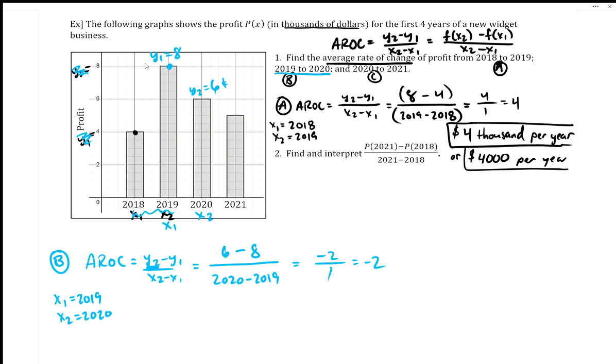It simplifies. And then our last part to this is to state, so what's the average rate of change in profit? Negative $2,000 per year. They might say that differently. Negative with money in our language would be like a loss.